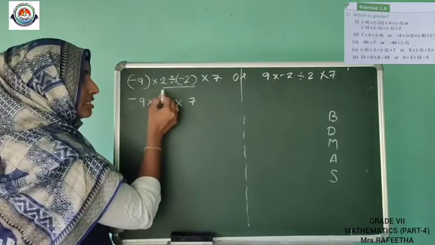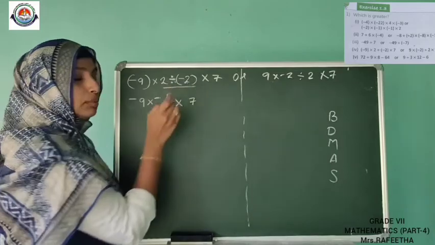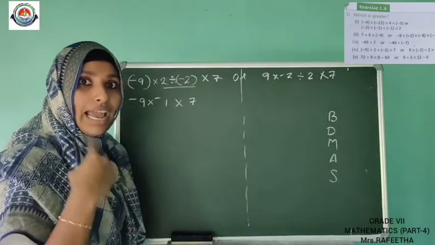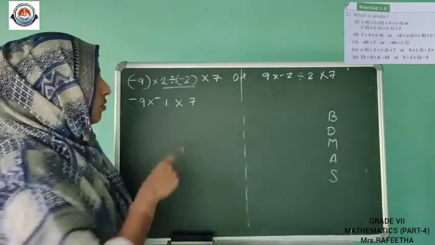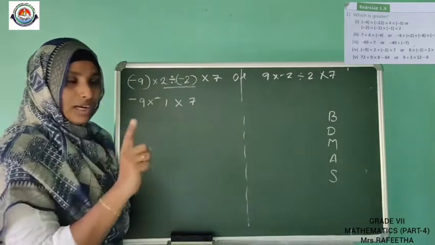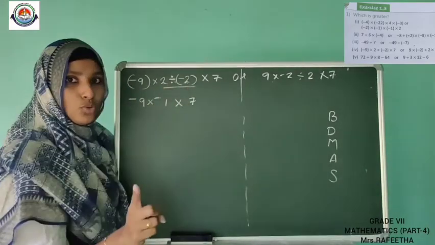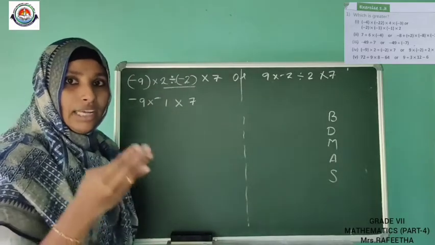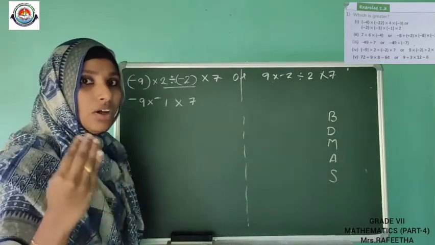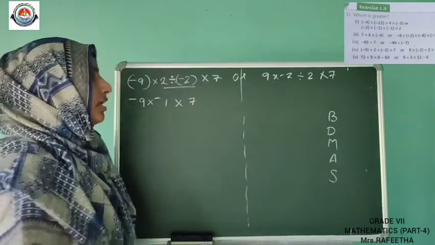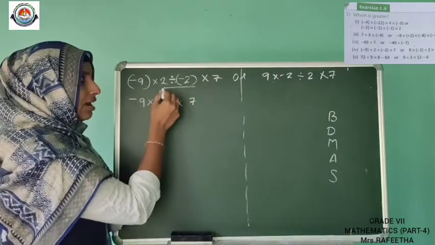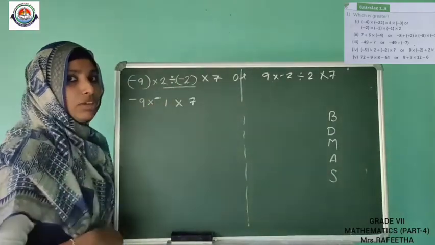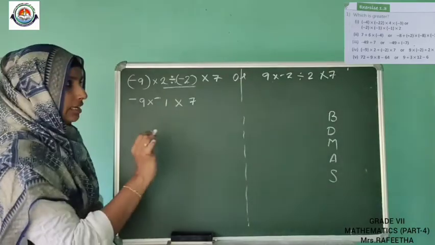Then next is division occurring between one positive integer and one negative integer. What is the positive integer here? 2. What is the negative integer here? Minus 2. Okay, so if opposite signs are dividing, what will be the sign of the answer? Yeah, the sign will be negative and dividing as usual. That is 2 divided by 2, 1 itself. So we get 1.